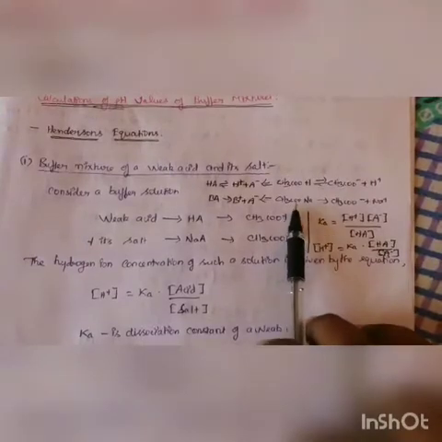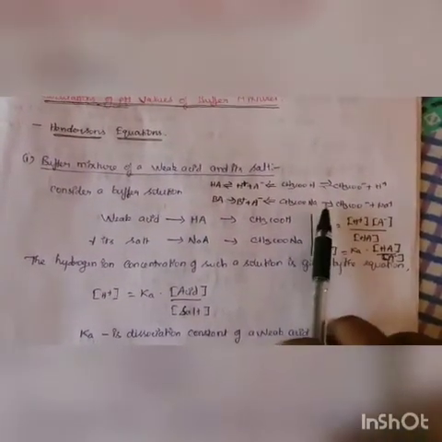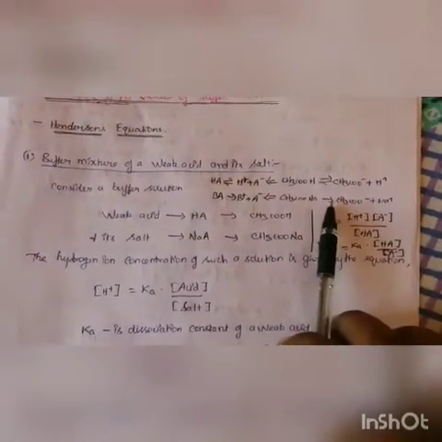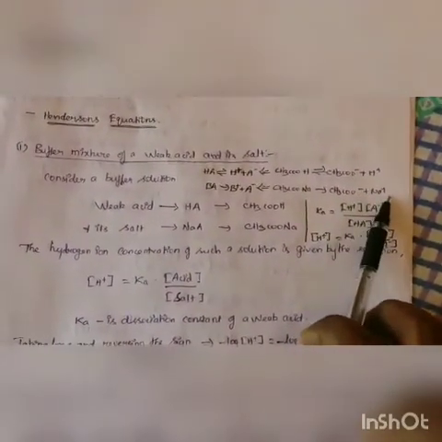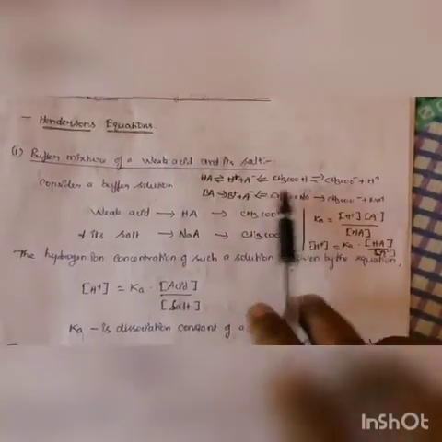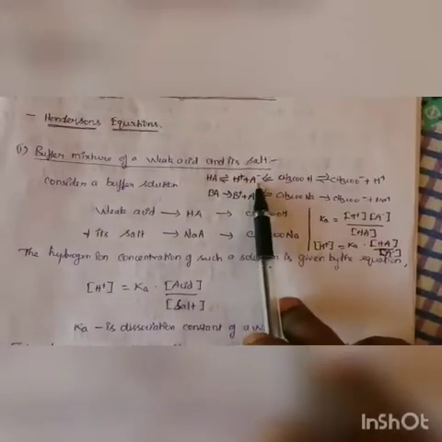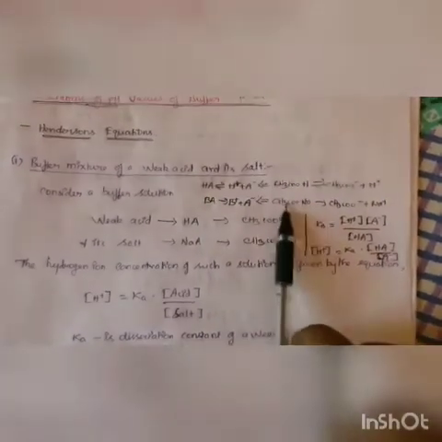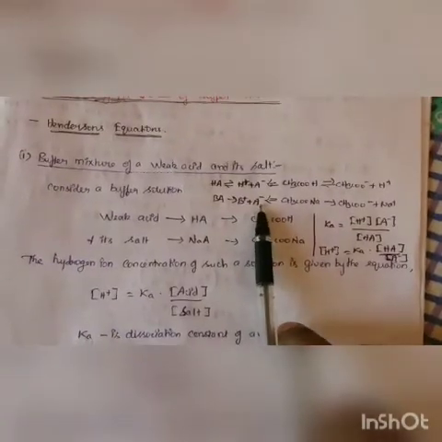When it comes to the salt, it completely dissociates into CH3COO minus plus Na plus. So I am writing this equation as acid HA reversible to H plus plus A minus. For the salt, BA gives B plus plus A minus.